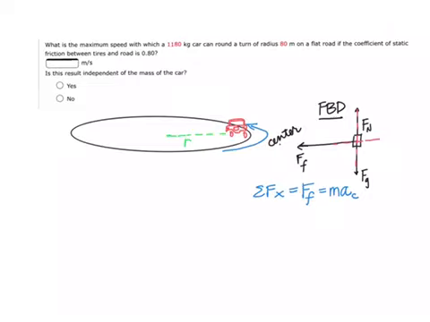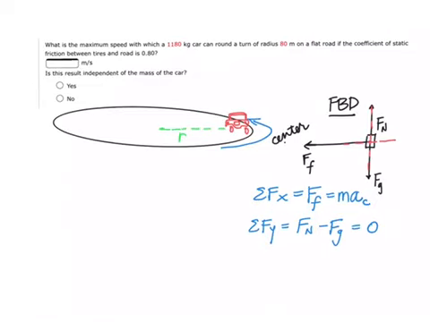It's a center-seeking force. The friction force is center-seeking, and so the acceleration is center-seeking. Now if I sum my forces in the y direction, they are a normal force up, a weight force down, and those are balanced. It's not accelerating in this up and down direction. There's only an acceleration towards the center so that the car can constantly change direction as it goes around this curve.